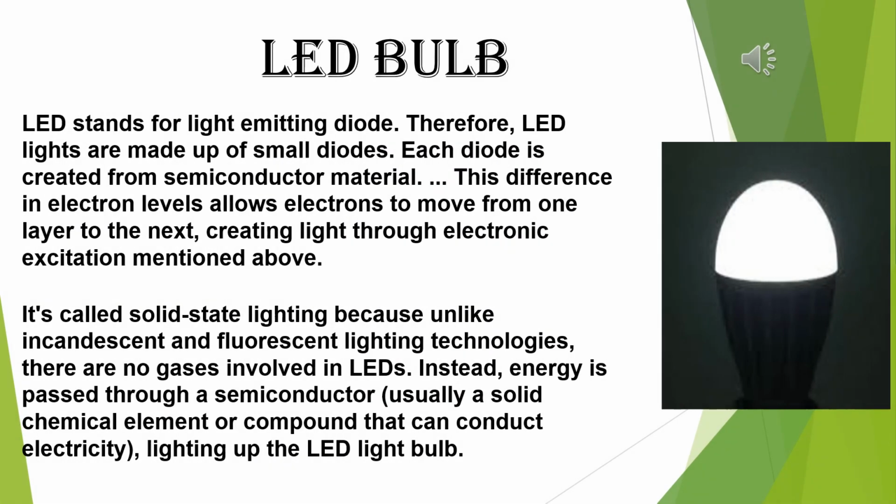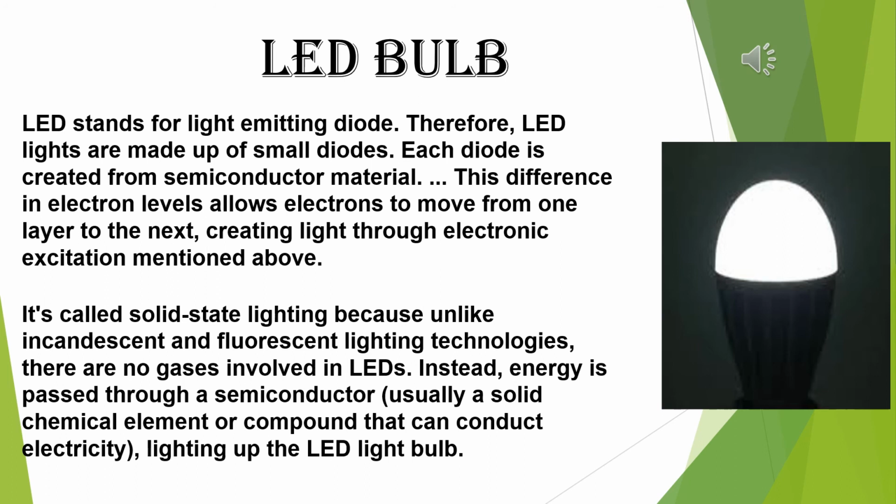Now, LED bulb. LED stands for light emitting diode. Therefore, LED lights are made up of small diodes. Each diode is created from semiconductor material. This difference in electron levels allows electrons to move from one layer to the next, creating light through electronic excitation.